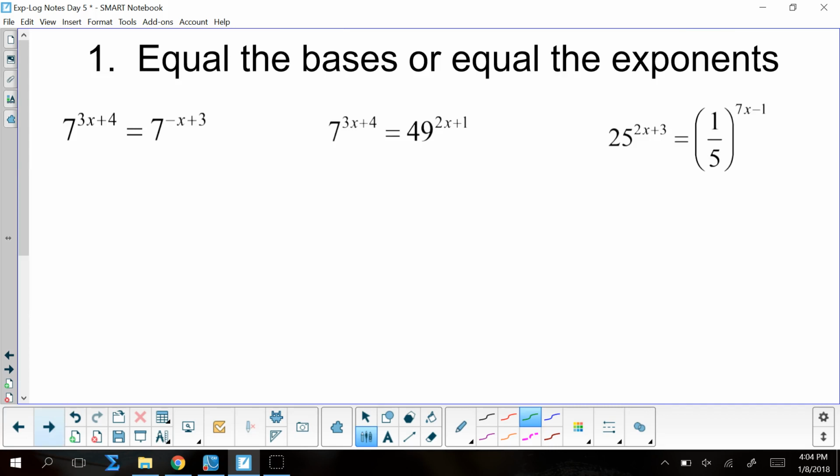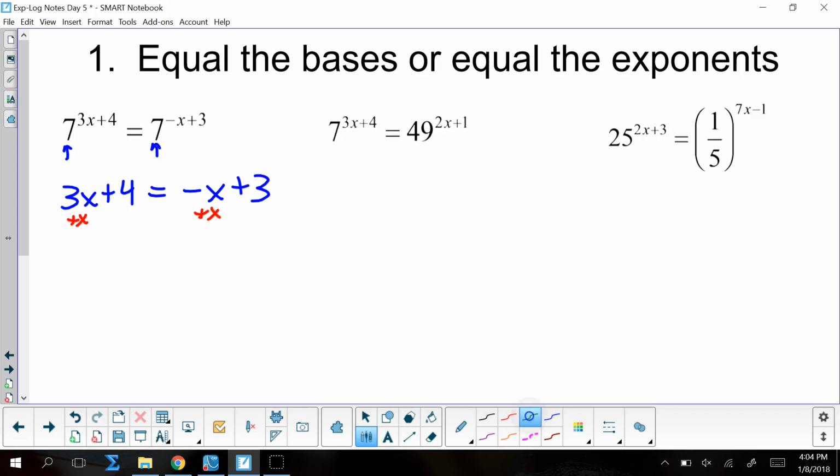Okay? So we can equal the bases or equal the exponents. Okay? So like here in this first one, I have equal bases already. Both bases are 7. So then my exponents have to be equal. If my bases are equal, my exponents have to be equal. So I can say here that 3x plus 4 has to equal negative x plus 3. Okay? Then I can add x to both sides.